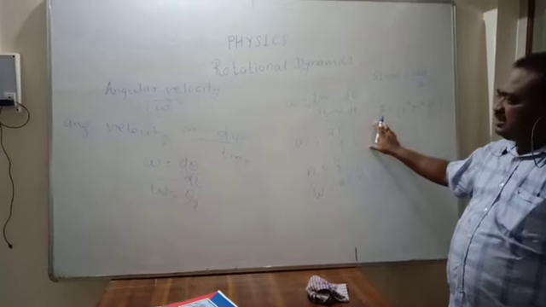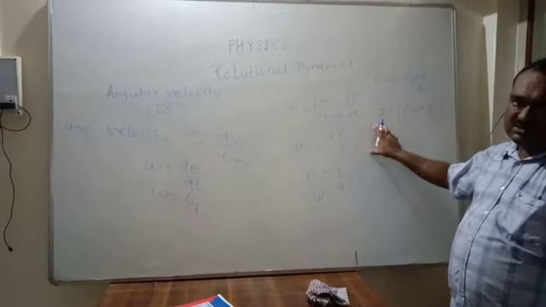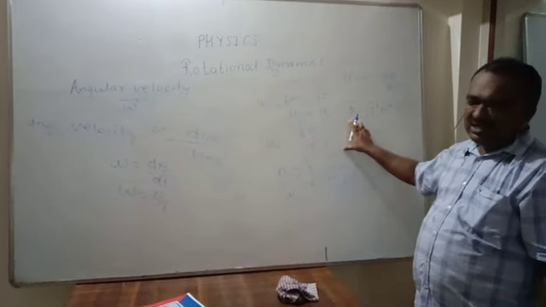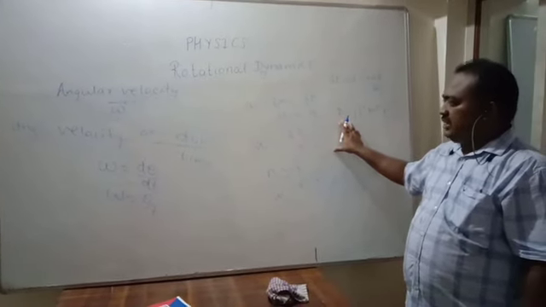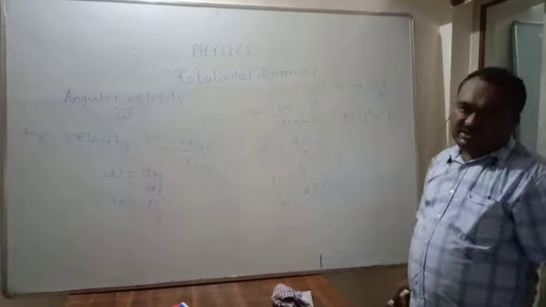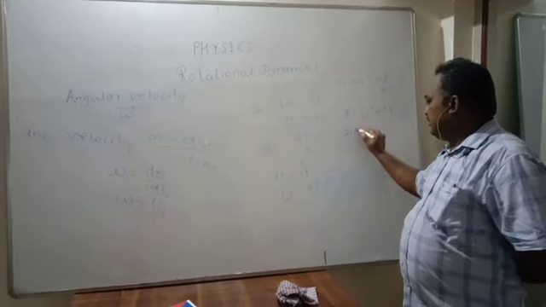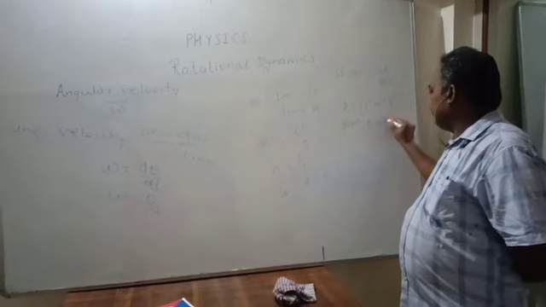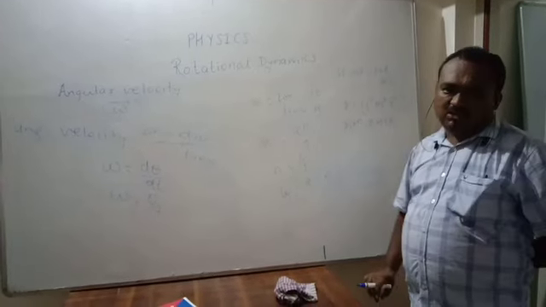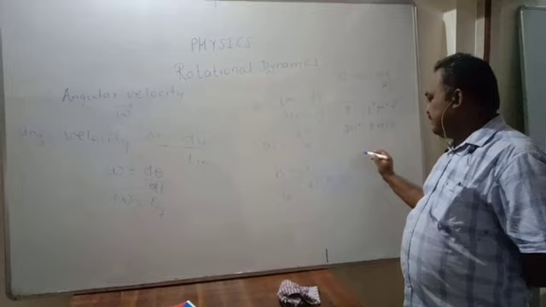Angular velocity is always a vector quantity, whether it is small or large. The direction of angular velocity is given by the right hand thumb rule, and it is the same as the direction of angular displacement.